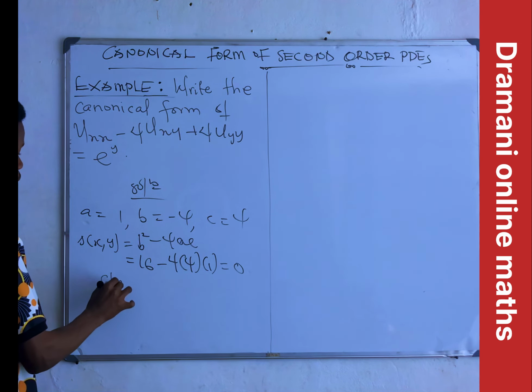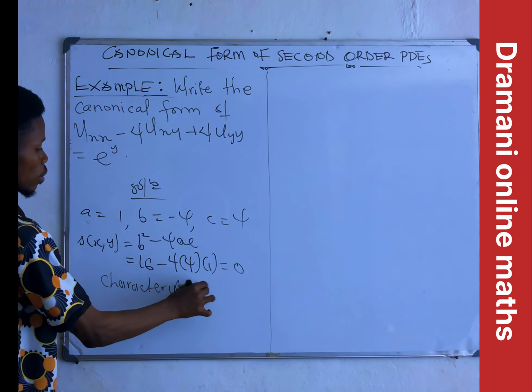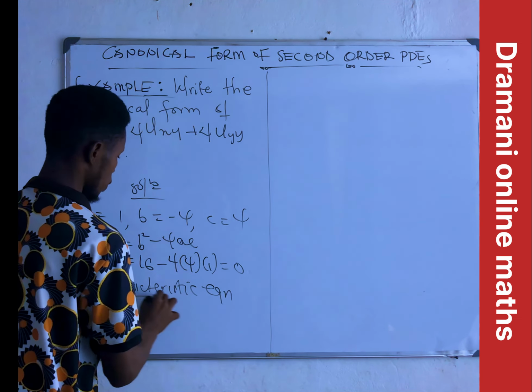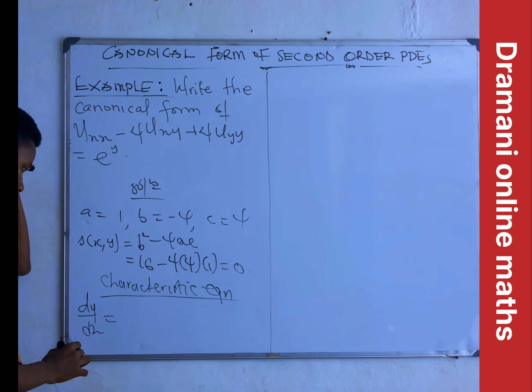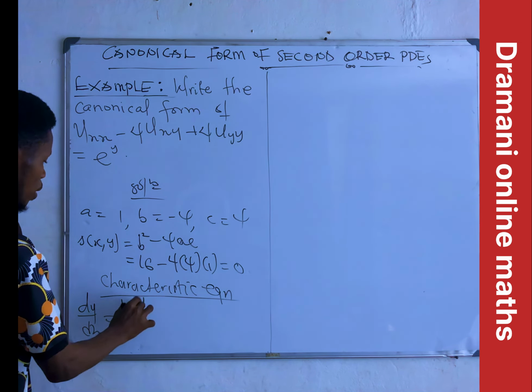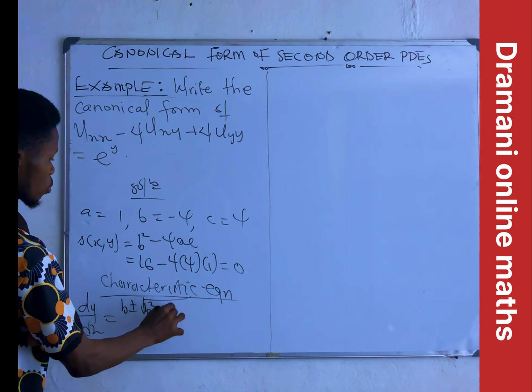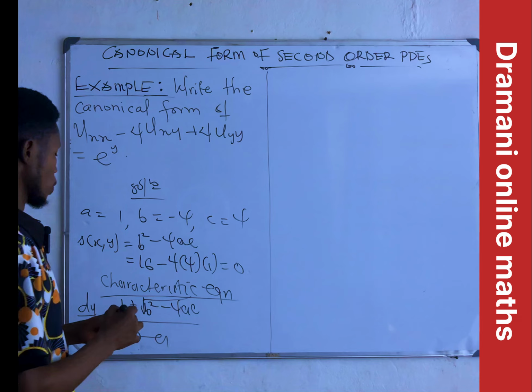So once it's parabolic, you then write the characteristics equation. And that one is what? dy/dx is equal to b plus or minus square root of b squared minus 4ac all divided by 2a.